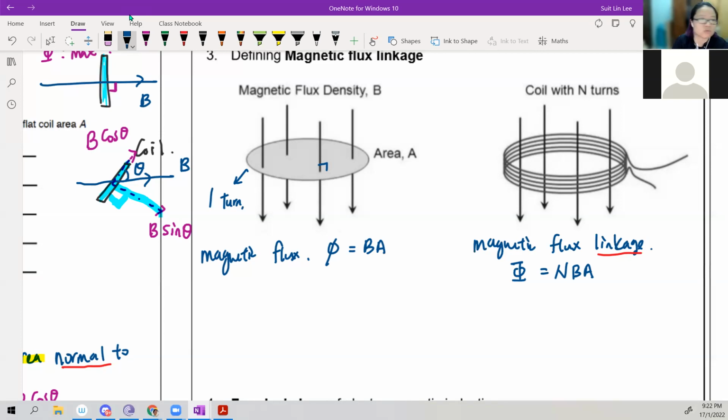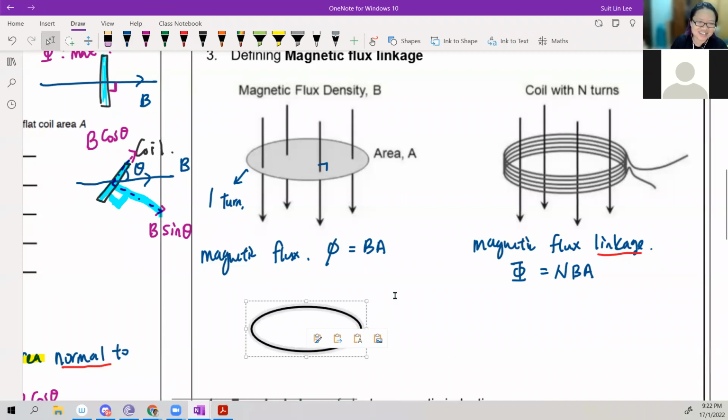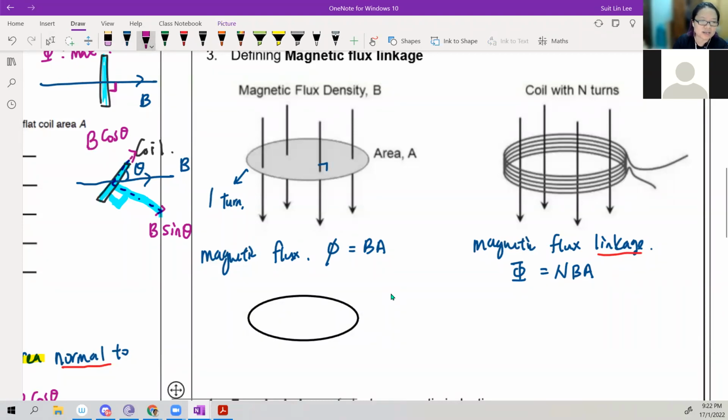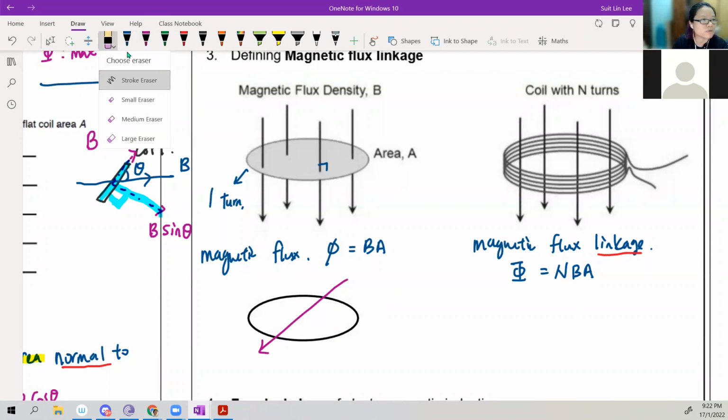But of course, life is not always good. You don't always get 90 degrees. So let's say I replicate the coil, but maybe I have my magnetic field go in at some weird angle. Okay, maybe I rub off a bit so it looks more like this. 3D drawing is the bane of my existence.